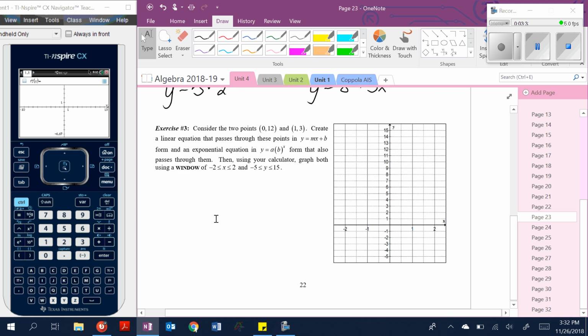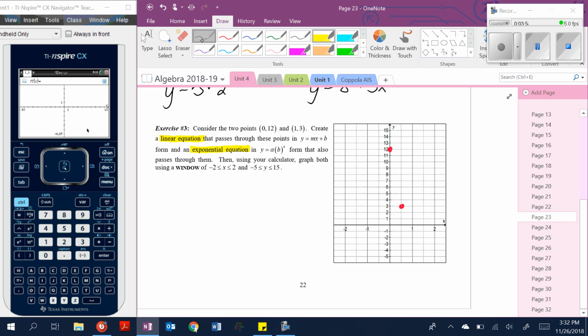All right, exercise 3. Consider these 2 points, (0, 12) and (1, 3). Okay, so what does it want us to do? It wants us to create a linear equation, and then it wants us to create an exponential equation. Oh, this is interesting.